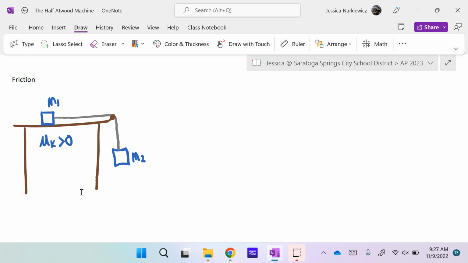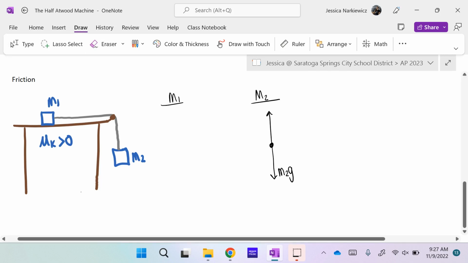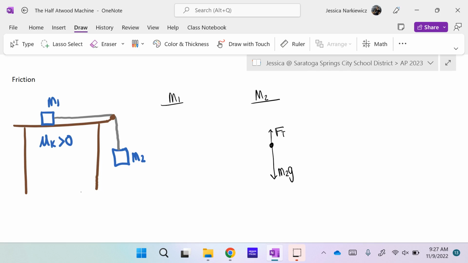Okay? So friction's only going to impact M1. Now, the thing to keep in mind is that the direction of friction depends on our direction of motion. So it's important to pay attention to what direction my object is moving, because the direction of friction is going to change whether I'm moving to the right or moving to the left.